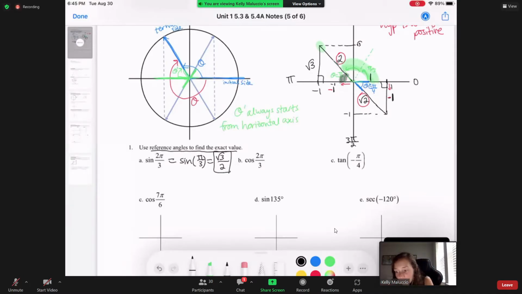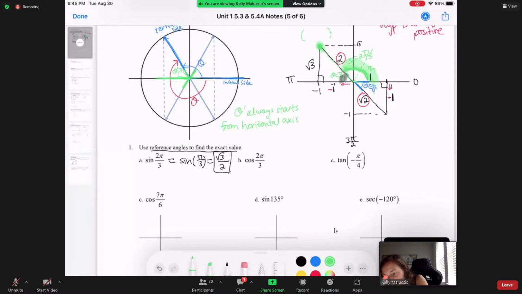Now cosine of this is where it gets a little tricky. This point right here, theta is 2 pi over 3, and I drew my line to my point.